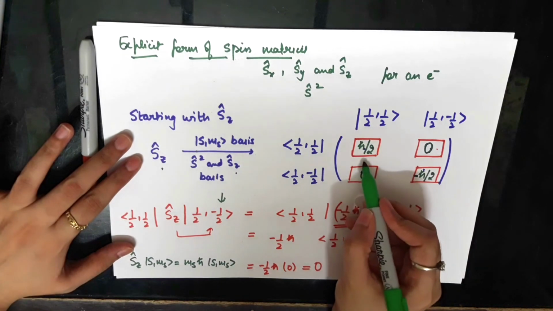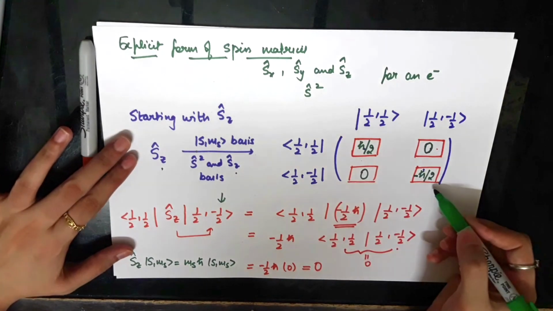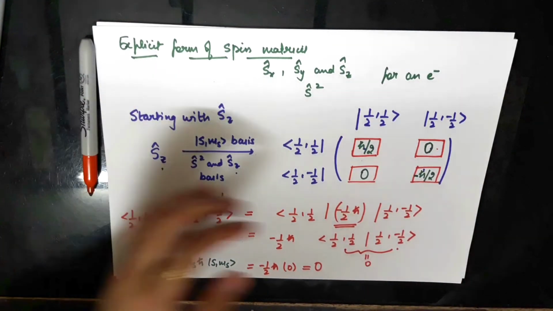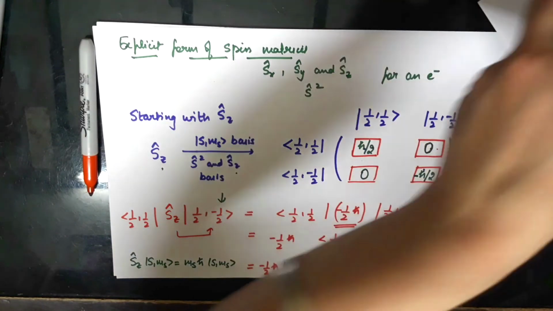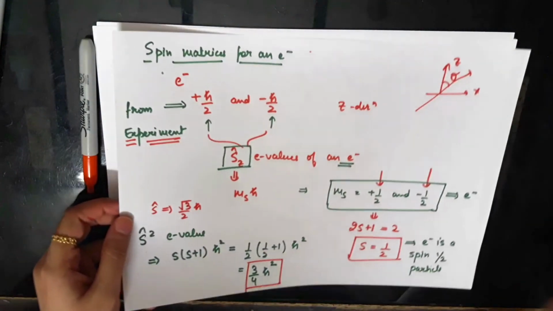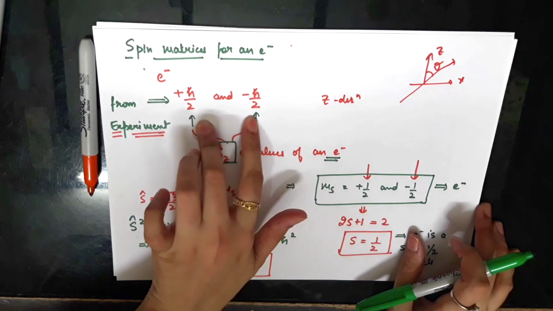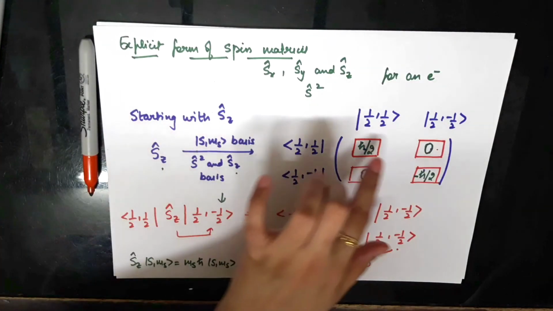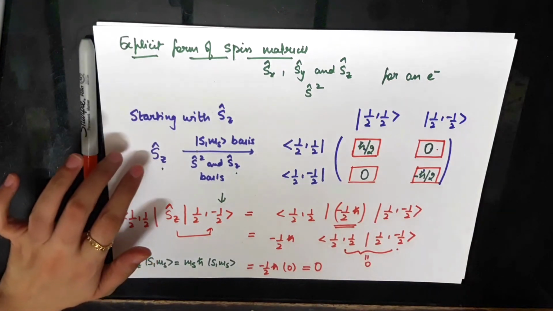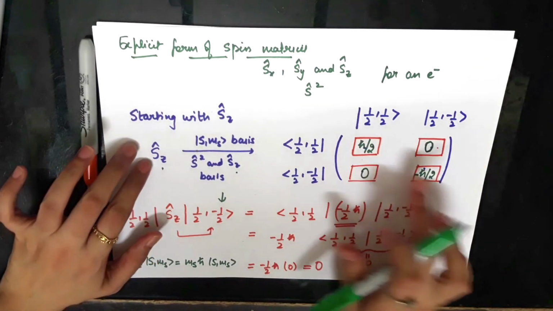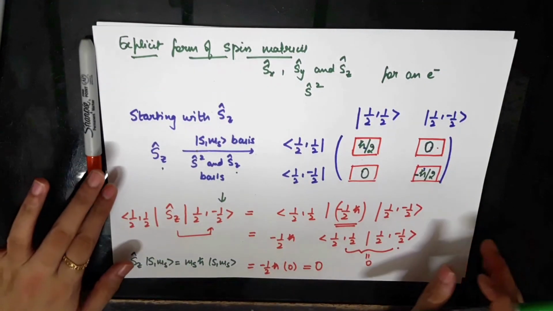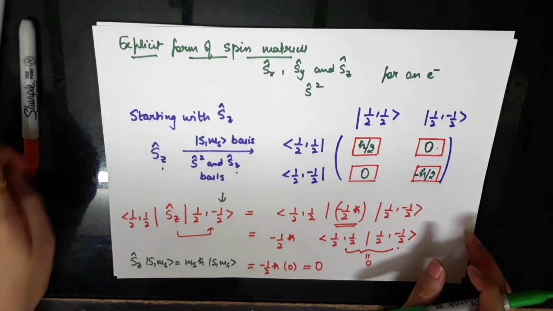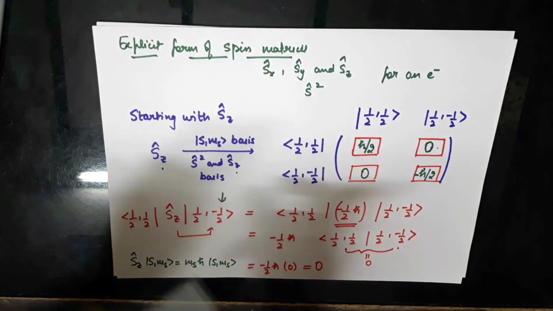The diagonal entries that I get here are plus h cross by 2 and minus h cross by 2, and these are actually the eigenvalues that I started off with. So this was an expected behavior, that in the Sz basis, the Sz matrix is diagonal and the diagonal entries are the eigenvalues themselves. So this is the form of the Sz matrix for an electron.